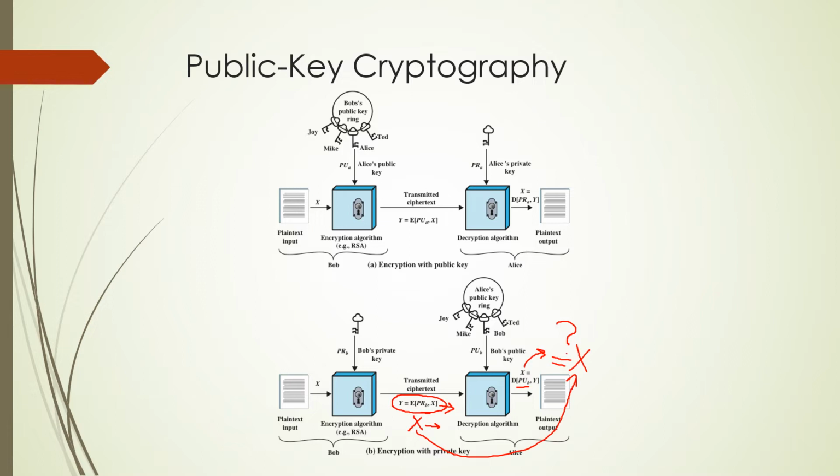If they're not equal, that means the message is not authenticated, so Alice knows that Bob has not sent this message.